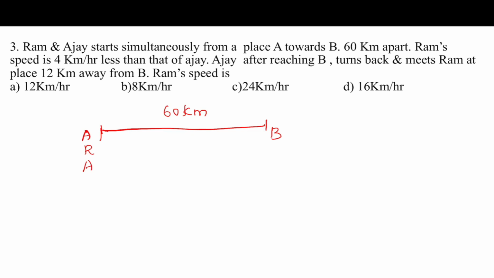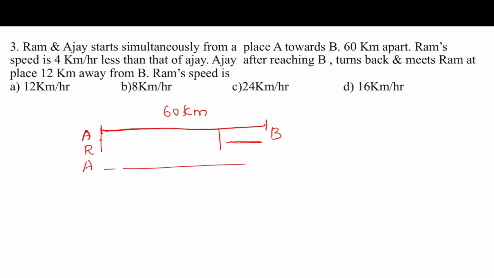So Ram's speed is less as compared to Ajay. What will happen? Ajay will reach B and then come back and meet Ram. By the time he comes back, Ram will have come this far.